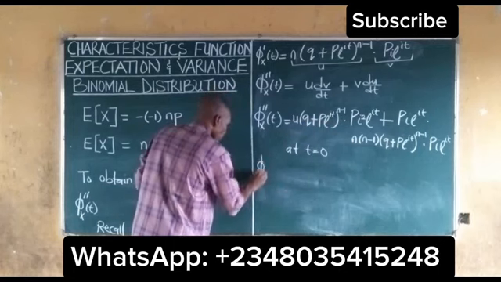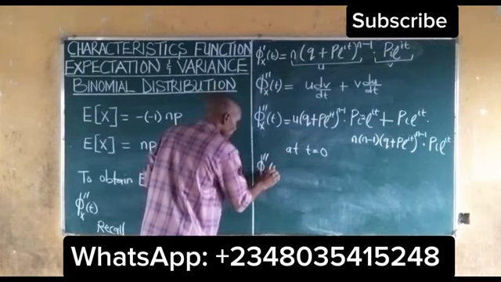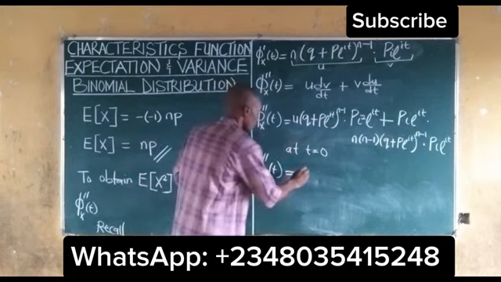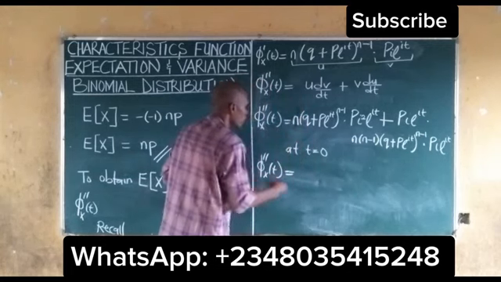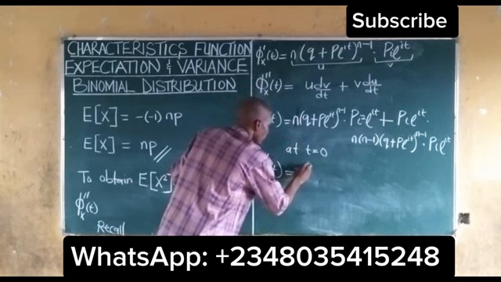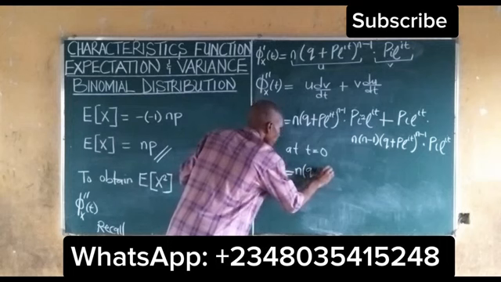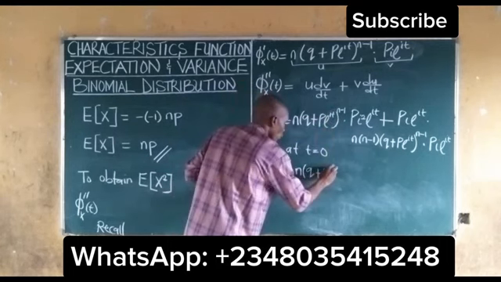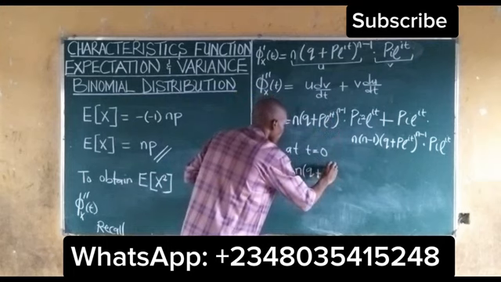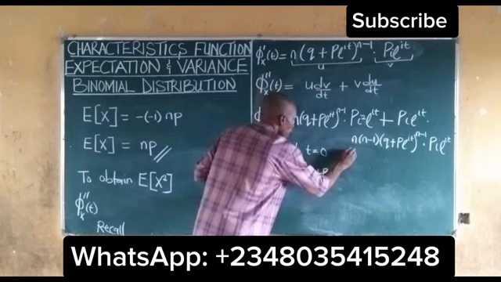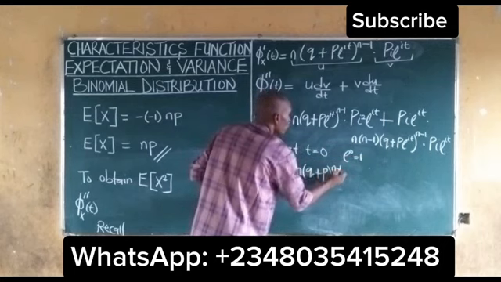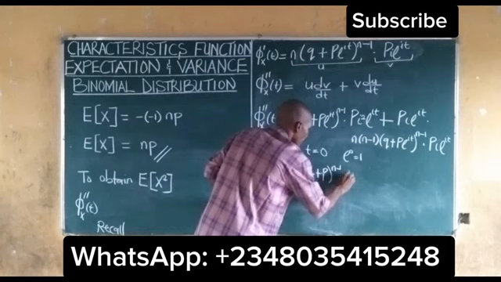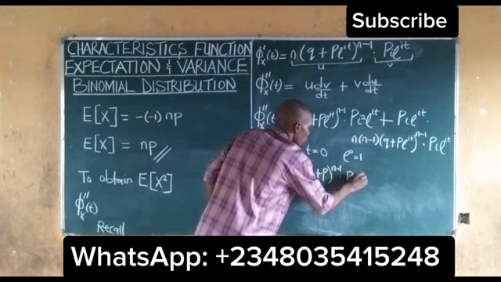So our second derivative of the characteristic function will give us, sorry, this is n, will give us n into (q + p) raised to the power of n minus 1 multiplied by p i squared.